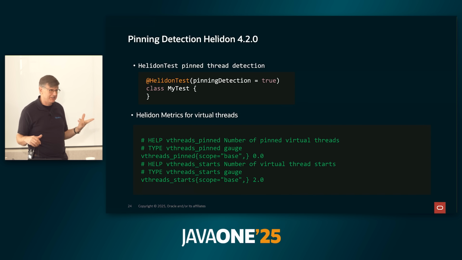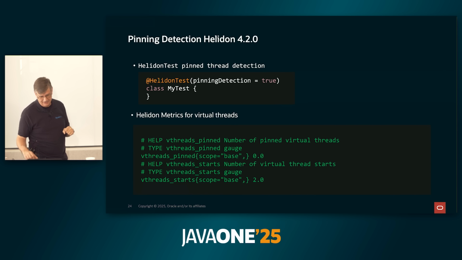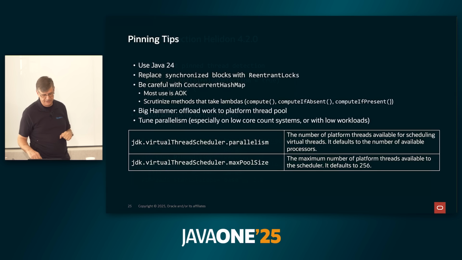We actually found a couple of cases where we were pinning in Helidon with this. So it is valuable. Of course, not with Java 24, we wouldn't. And then Helidon metrics, using JFR events, you can enable this and we will report some virtual thread metrics, including the number of pinned threads if detected. So those are a couple of Helidon ways for pinning detection.